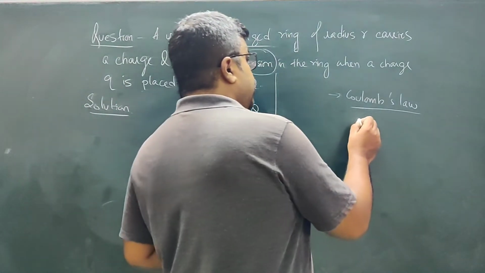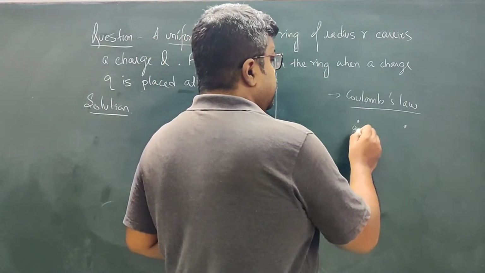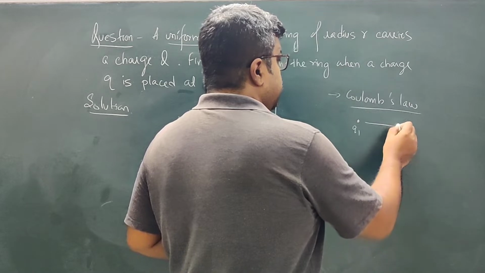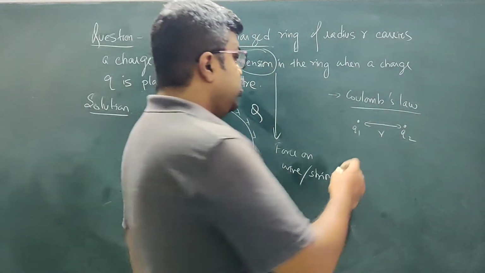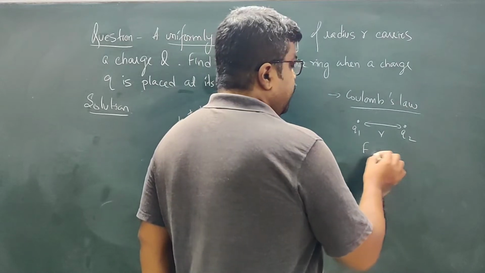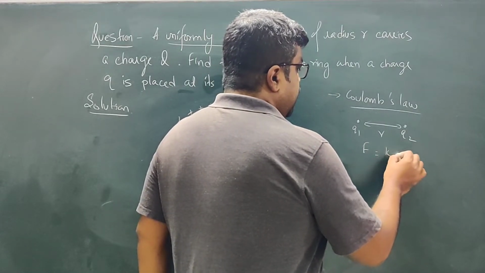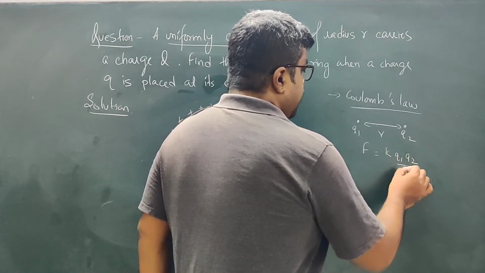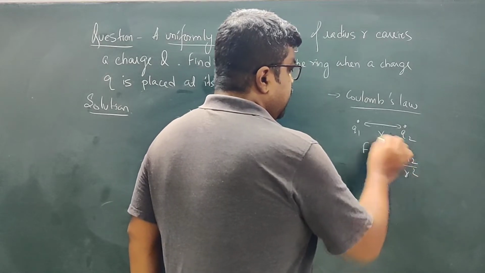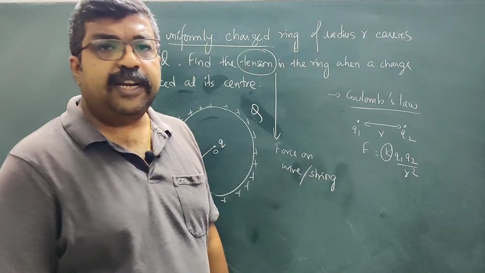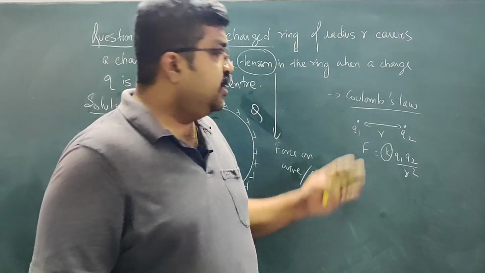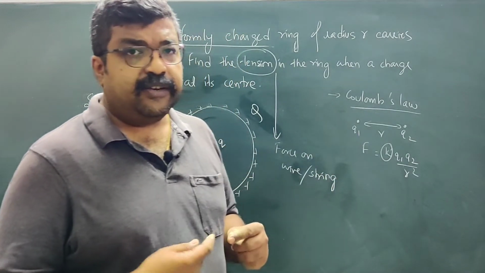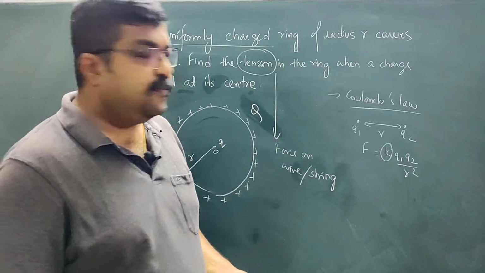We have 2 point charges Q1, Q2 separated by distance r, say in free space. So we have the force F is equal to K Q1 Q2 by r square, where K is the proportionality constant and its value depends on 2 factors. One is the nature of the medium and the second is the system of units you are using.